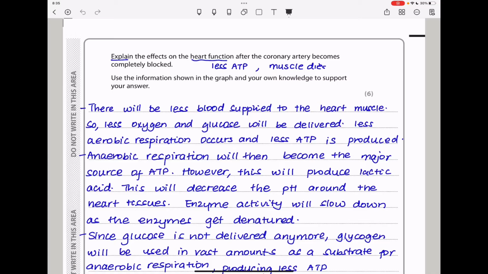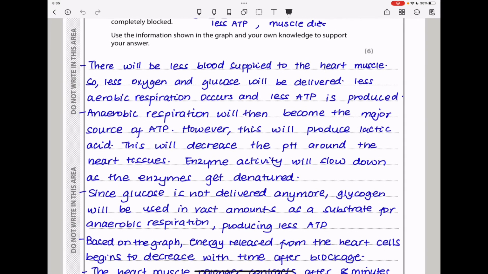If this occurs, it means the heart muscle is now going to respire anaerobically using glycogen that is stored in the heart muscle because there is less oxygen coming to that area. So I said anaerobic respiration will then become the major source of ATP. However, this will produce lactic acid and this will decrease the pH around the heart tissues. Enzyme activity will slow down.